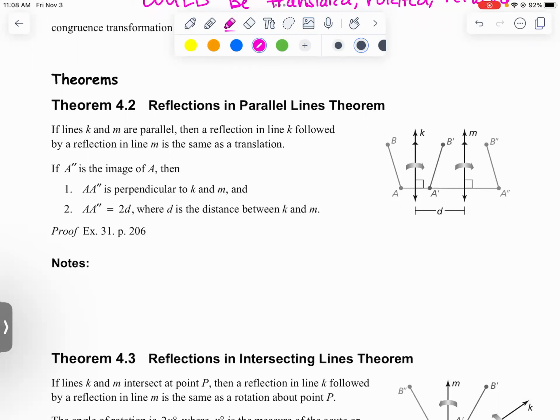All right, so let's say K and M are parallel.